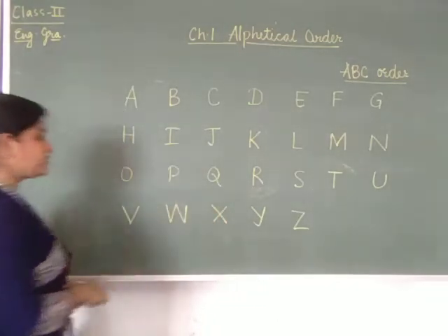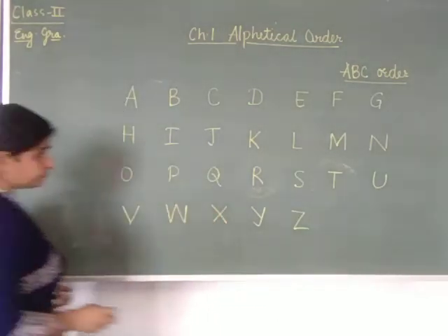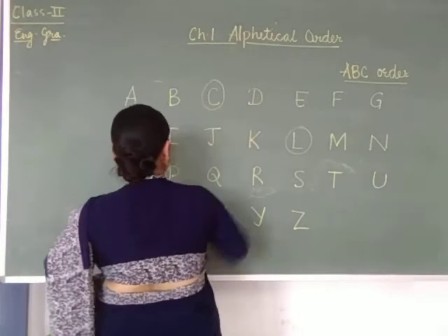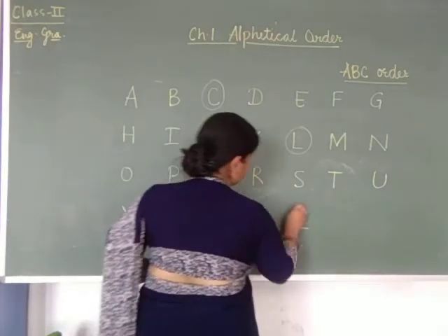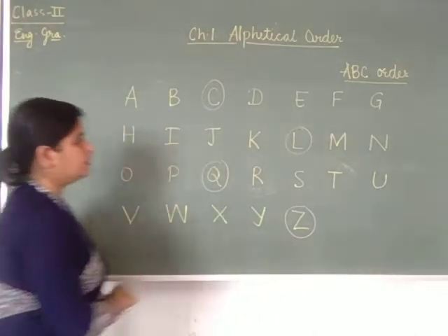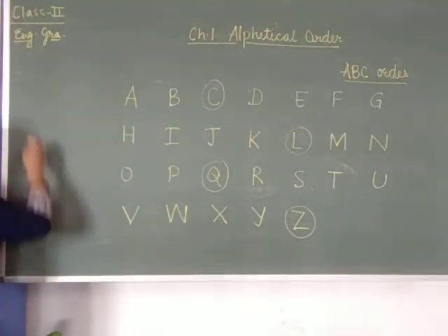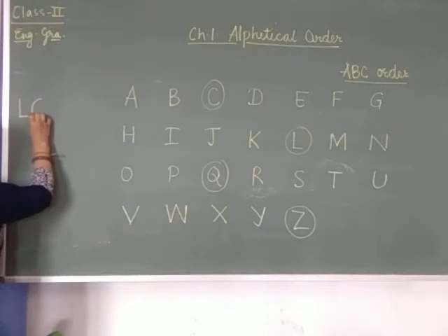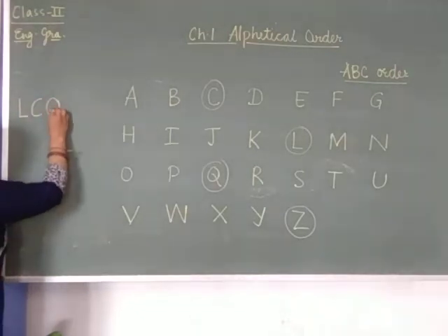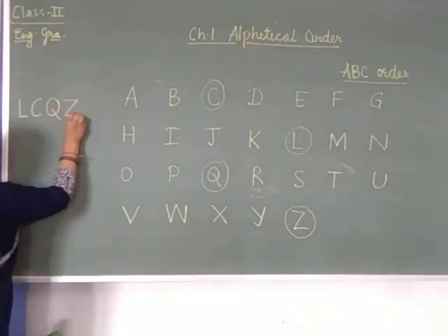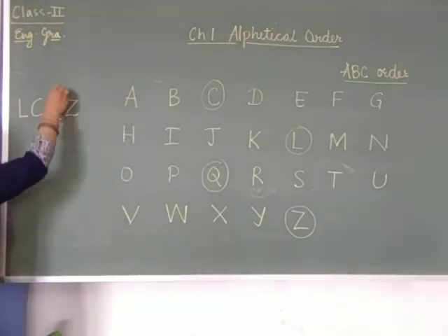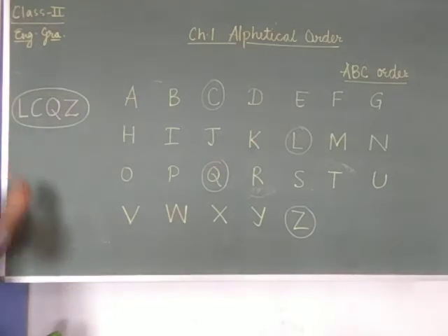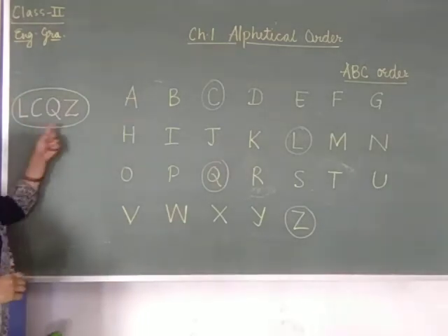Now, some of the chosen letters are L, C, Q, Z. What did I say? I said L, C, Q, Z. Now I am asking you, is the series L, C, Q, Z in an alphabetical order? क्या ये alphabetical order में है?